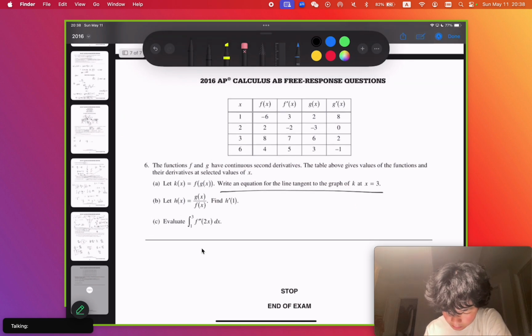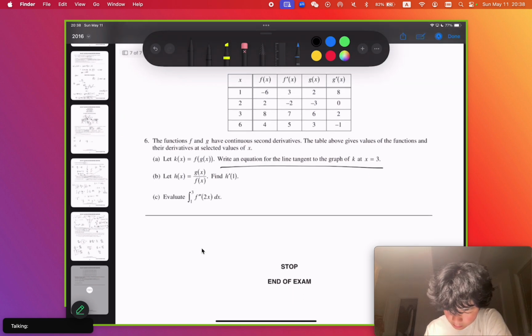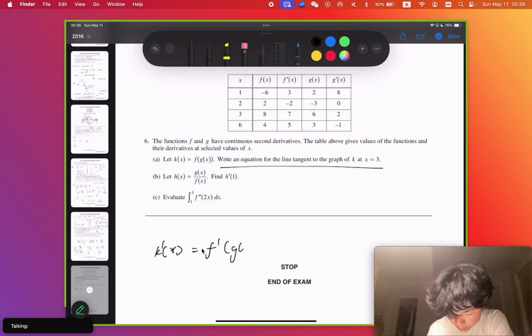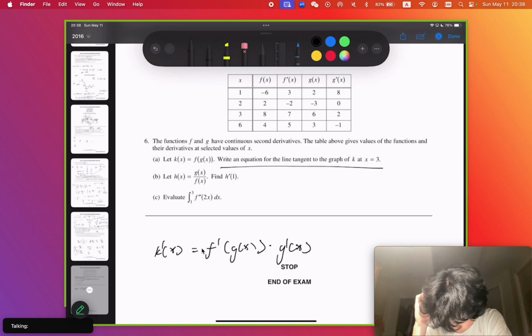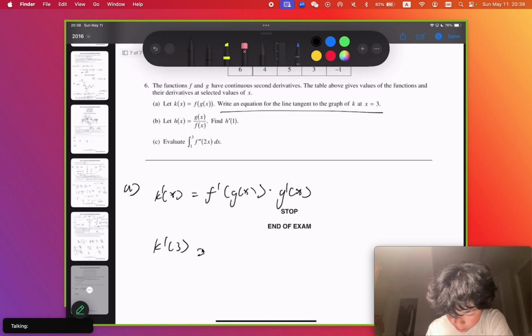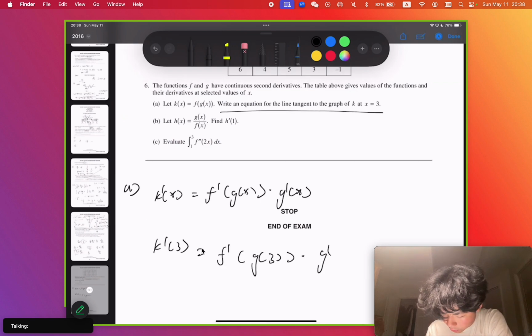Graph of k. So find the derivative. If you want to find the derivative of k of x, you get f prime of g of x times g prime of x, chain rule, and then when it's at 3, you want f prime of g of 3 times g prime of 3.